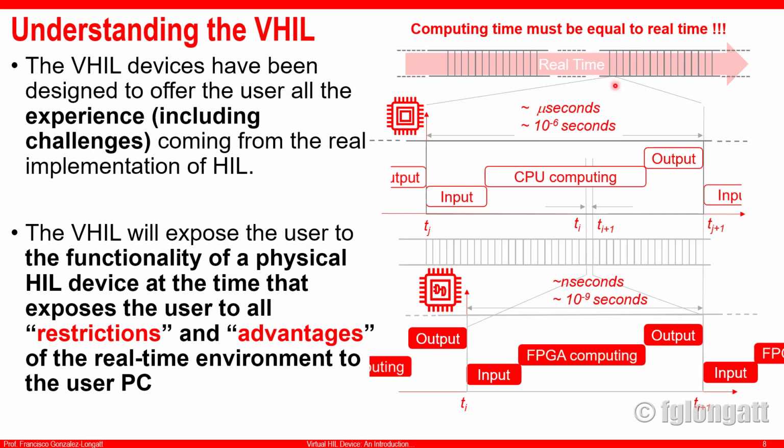For each moment here, we need to run some inputs, run some calculations, and get some results. And that must be done in a very fast way. Why? Because we have only this small window over here to collect the results.